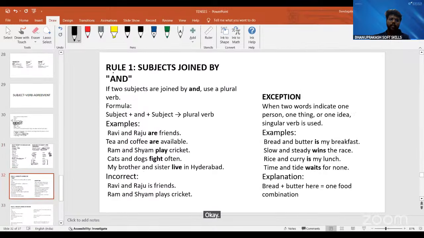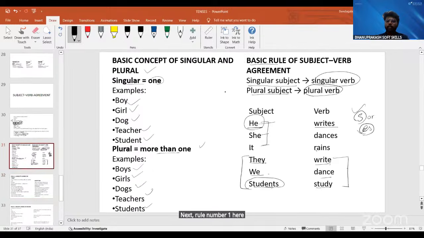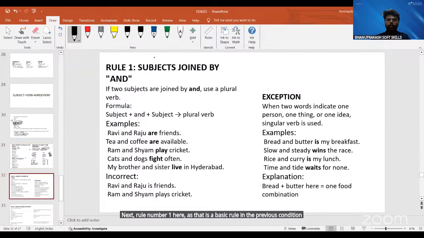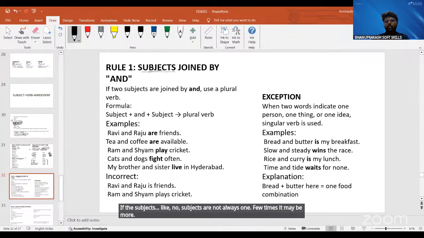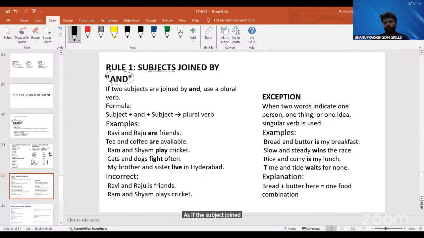Next, rule number 1 here, as that is a basic rule in the previous condition. Now we'll see rule number 1. Subjects are not always one, few times it may be more. If two subjects are joined by and, in such cases, we use a plural verb.